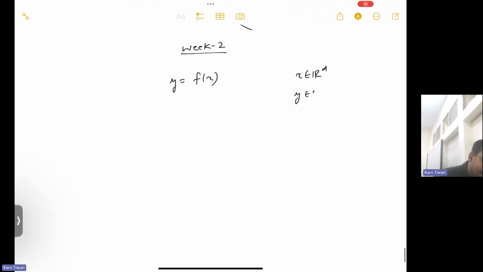Also y can be in R, where R is the set of reals, from minus infinity to infinity. So the question is, how can we learn this type of function? That's a more general case, which usually arises in a regression task.